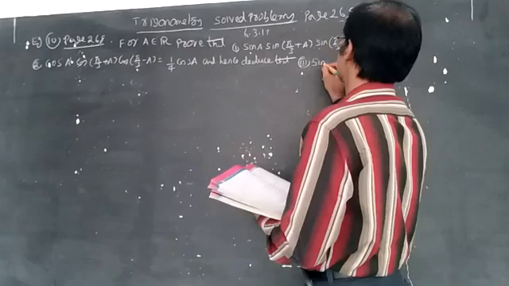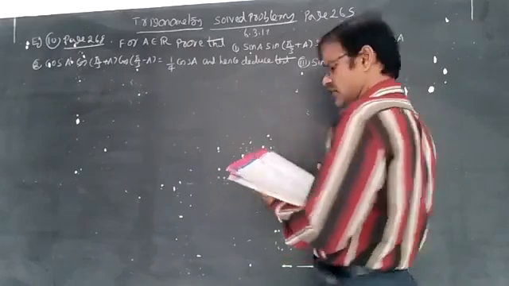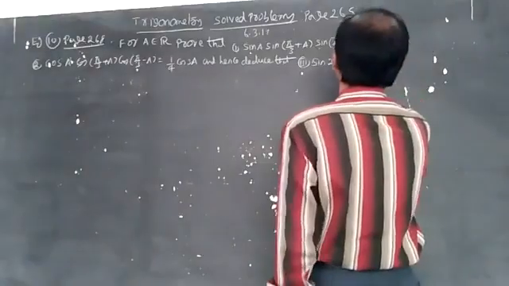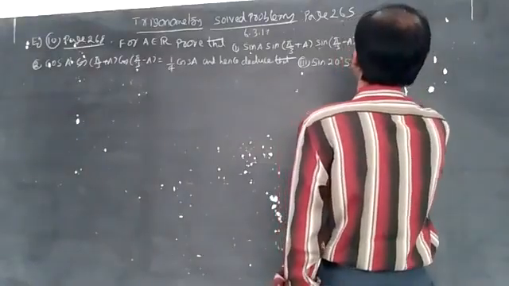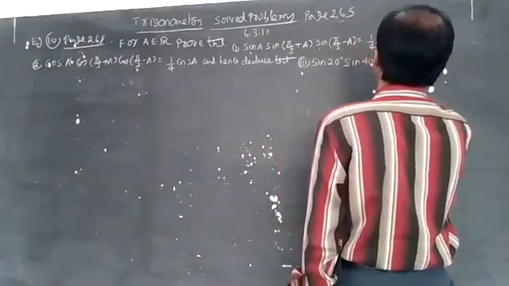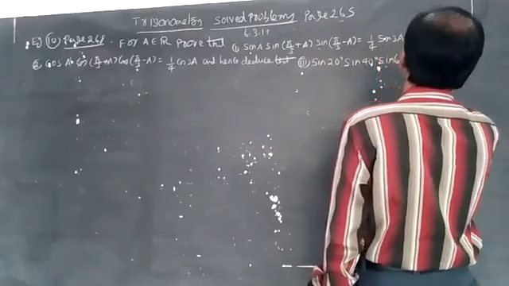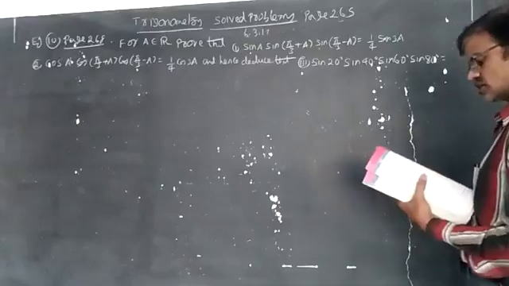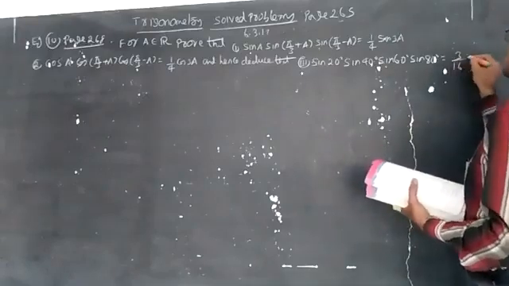Third question, sin 20 degrees, sin 40 degrees, sin 60, sin 80 is equal to 3 by 16.